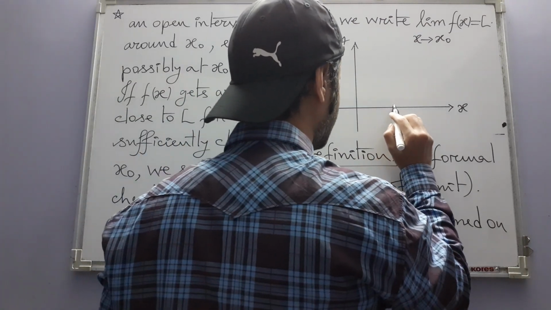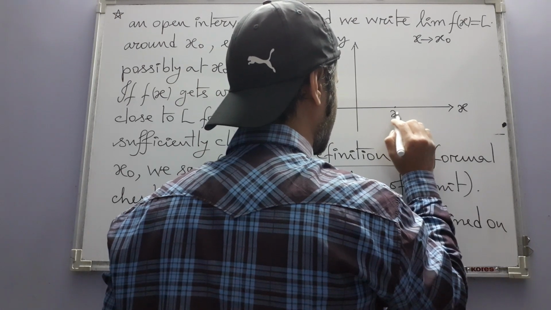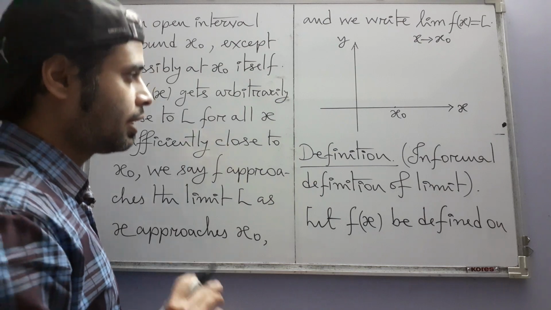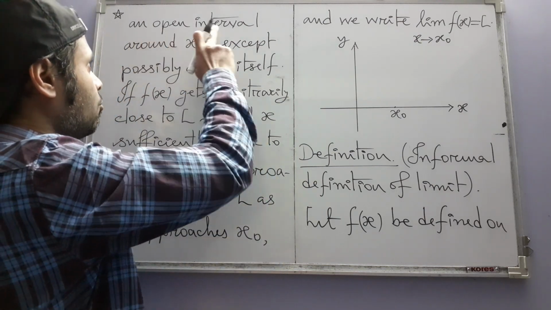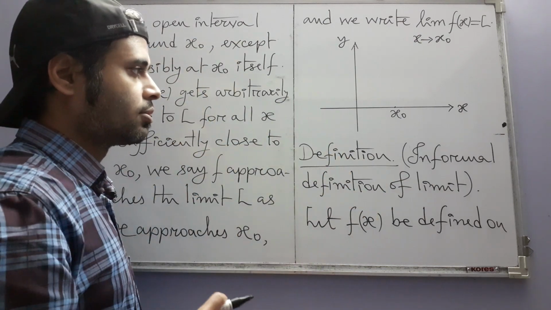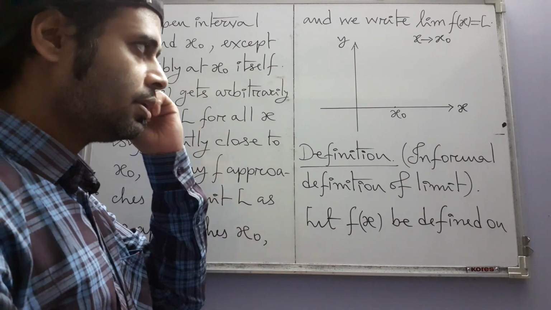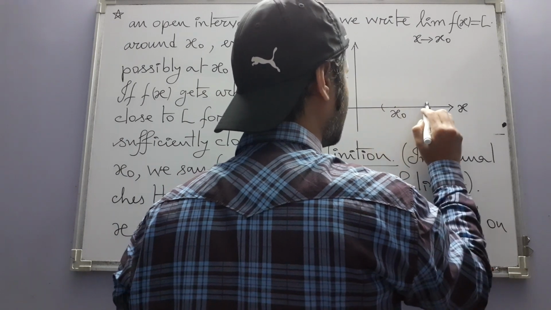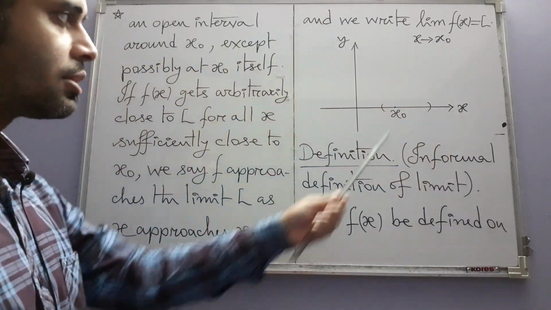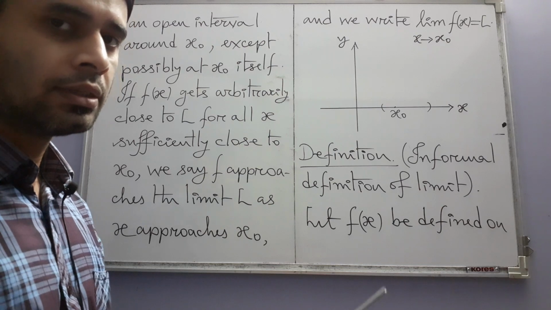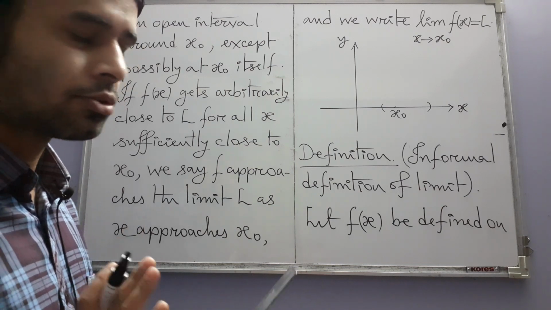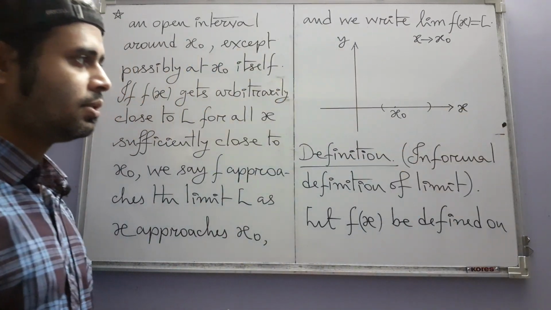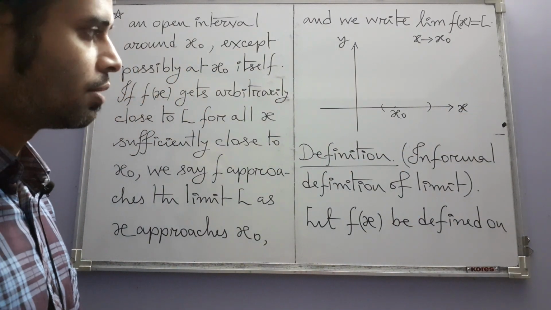So before anything happens, our point x naught is given, it's some point on the x-axis, and an open interval around x naught, that is an open interval in which x naught is a point. Say that open interval looks like this. x naught is not necessarily the midpoint, it is there somewhere in this open interval, and this is the domain of f, this open interval.